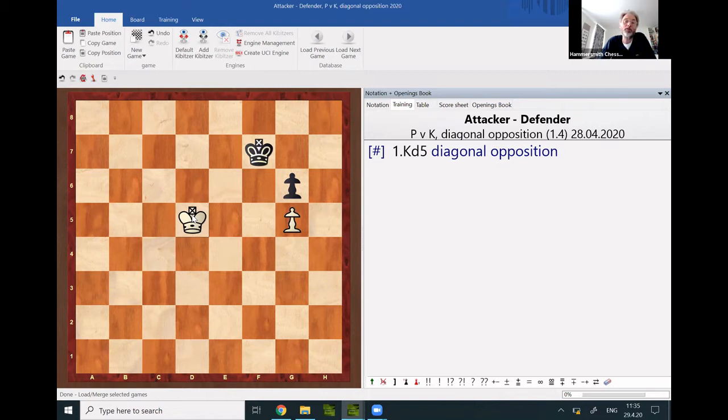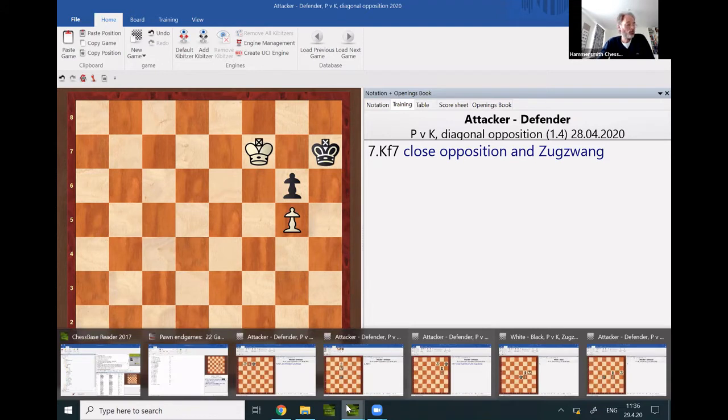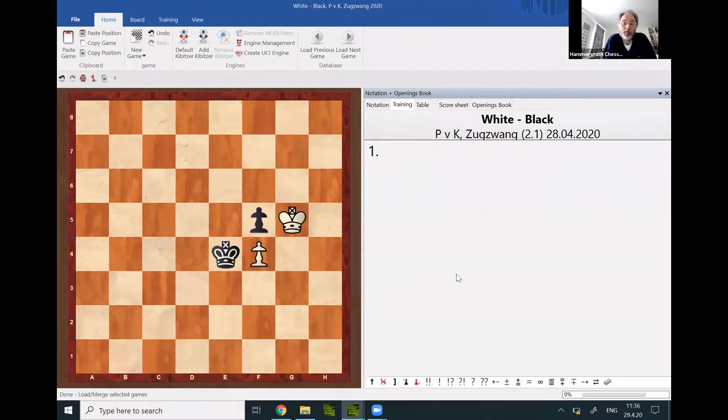The diagonal opposition, and then it's again back and forth to close opposition, which forces black's king to finally lose contact to his own pawn and lose. And here we are in the zugzwang situation. I come to that term actually now.